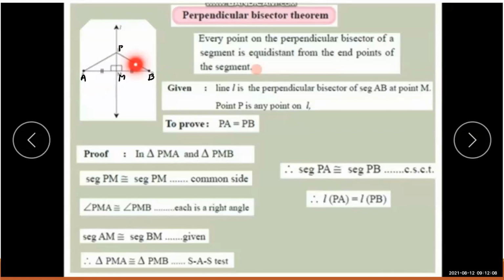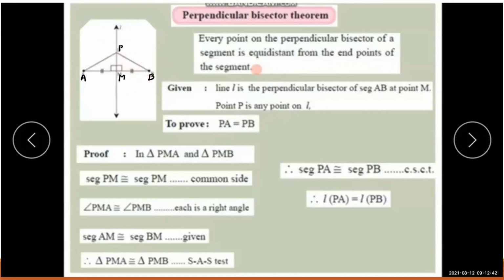Okay, you can choose any one test of congruency, and as the triangles will be congruent, their corresponding parts will also be congruent to each other. So let's take the two triangles here. Triangle PMA, this smaller triangle on the left of the line L, and triangle PMB, this is another triangle.